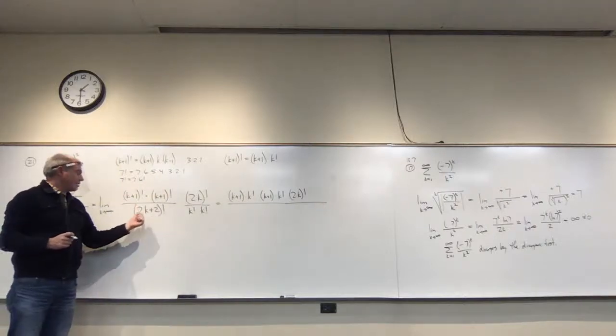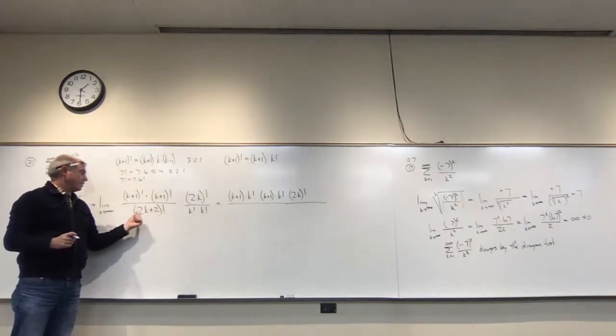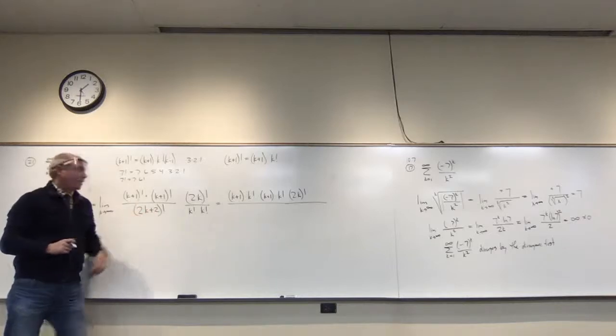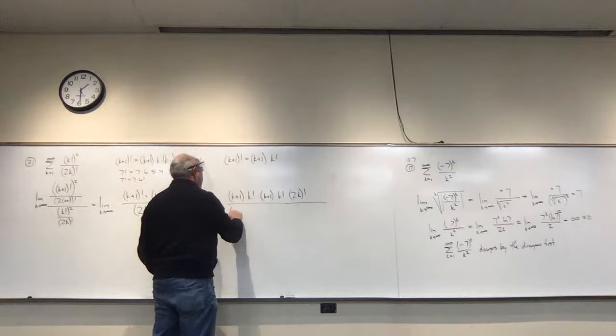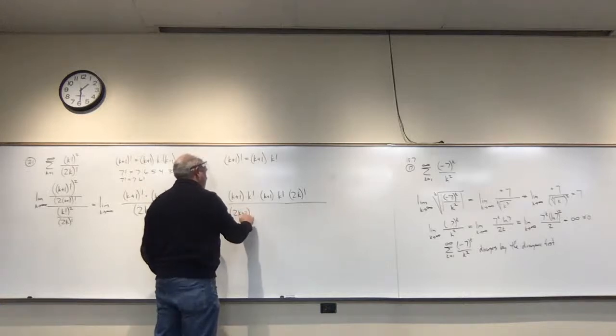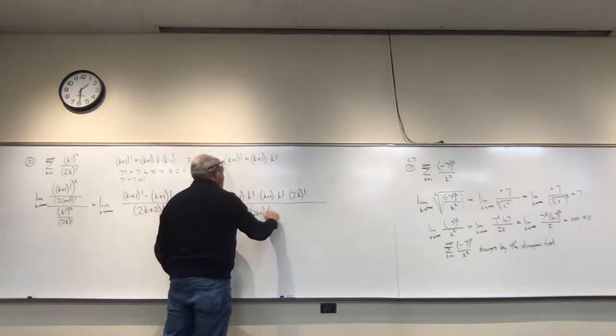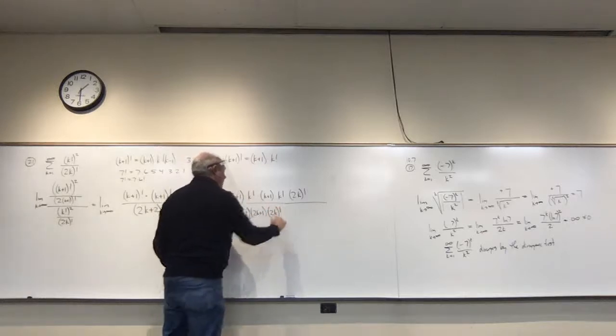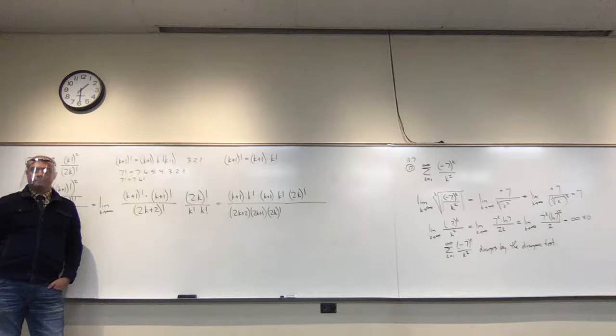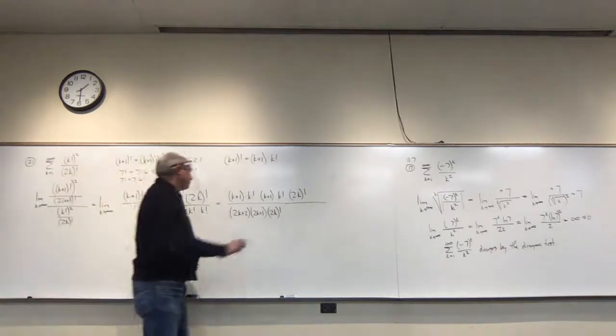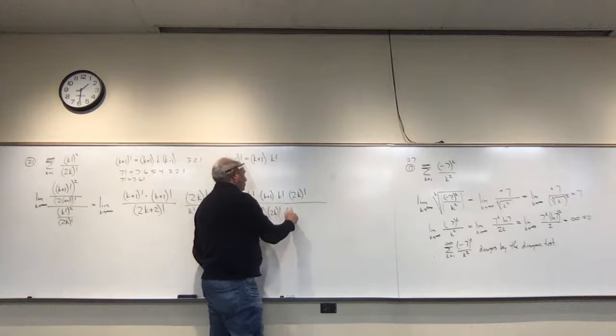This one is 2k plus 2 times 2k plus 1 times 2k factorial. And then I have a k factorial and a k factorial on the bottom.